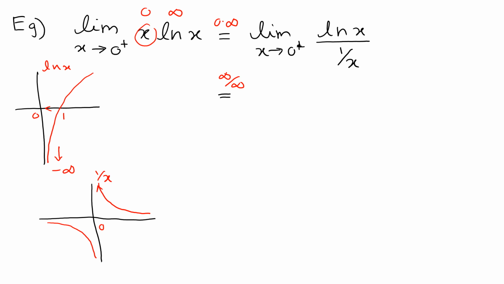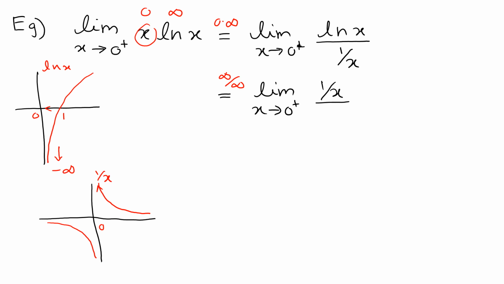So now, according to the Bernoulli rule, we're going to consider the derivatives. The derivative of ln x is 1 over x. So it is 1 over x divided by the derivative of 1 over x.